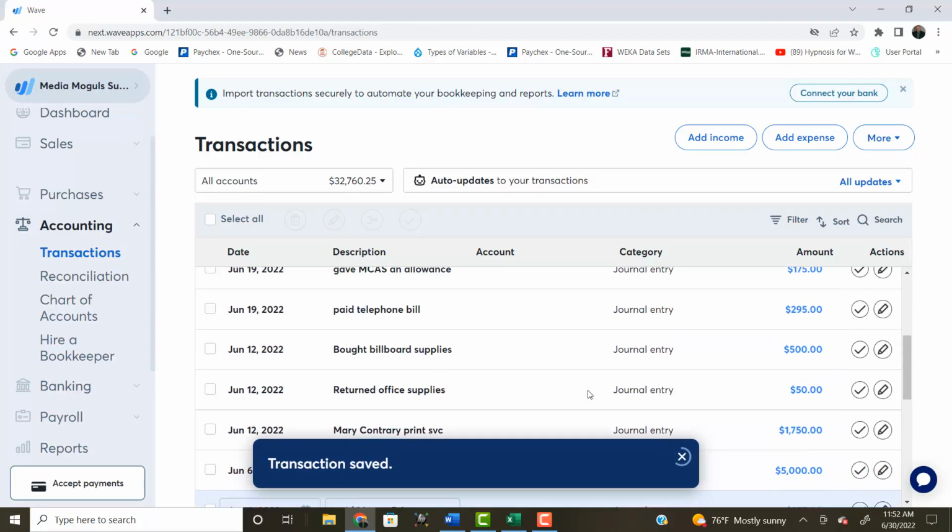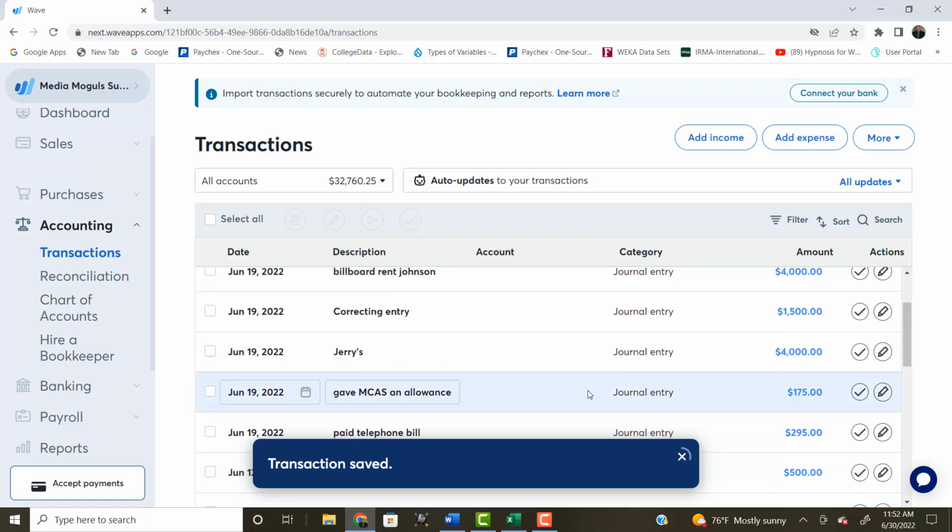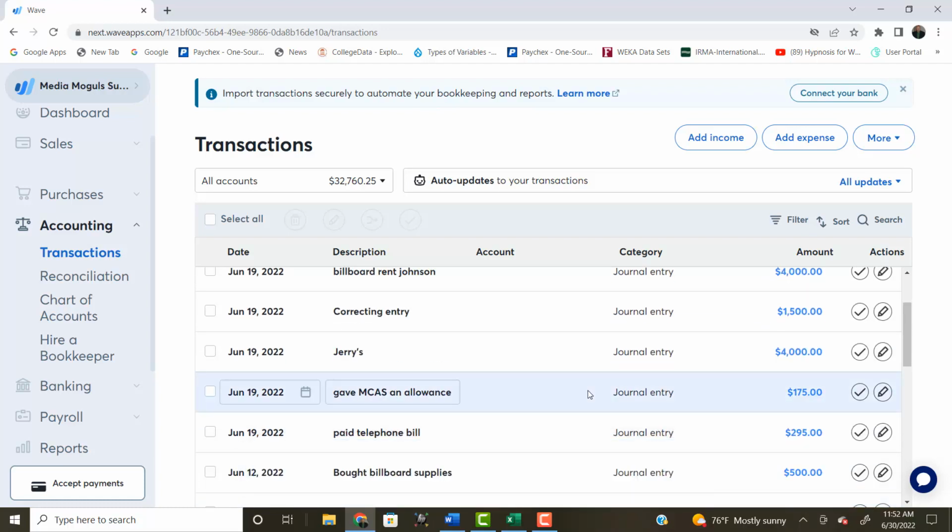Now what we're doing is we're saying, hey, Mary noticed that there was a typo. There was a typo on the brochures that we sold her. Okay? Since there was a typo, and it was our fault, she said she'd keep the brochures, but only if we gave her an allowance.